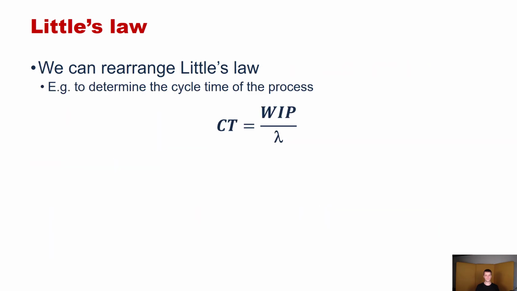A maybe more interesting way of using Little's Law is by rearranging it in order to determine the cycle time of the process, because in some cases, the cycle time of individual process instances, and therefore the average cycle time, is a bit tricky to measure.